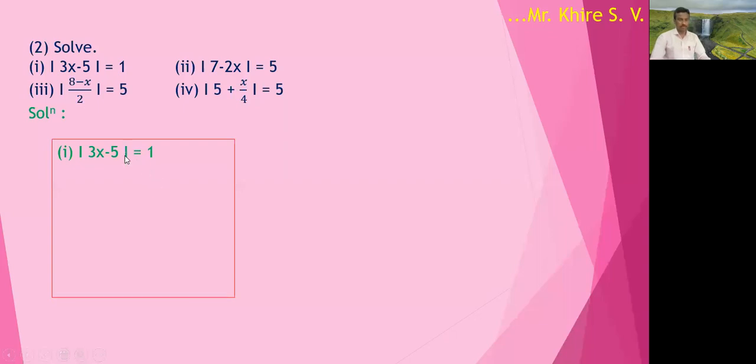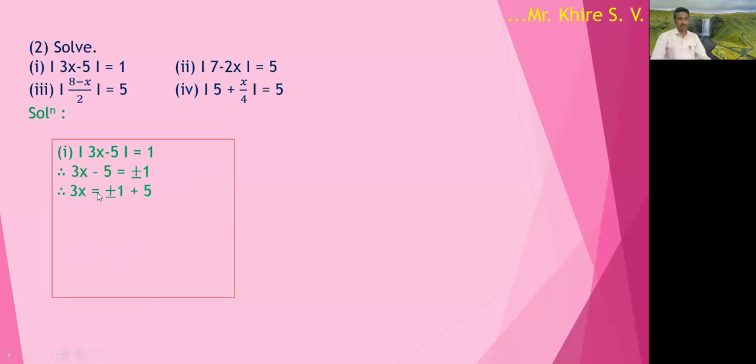Therefore, here we remove the mod symbol, and 3x minus 5 is equal to plus or minus 1.